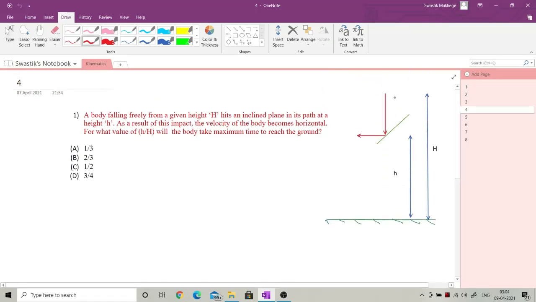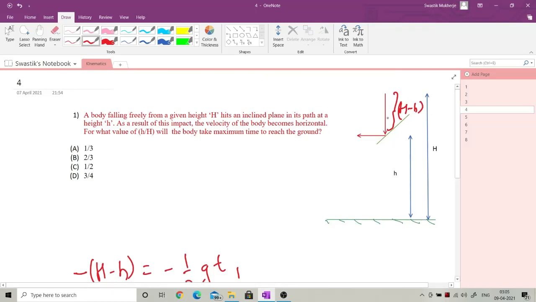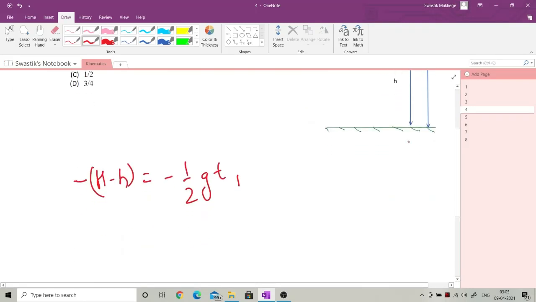So first of all, this is H minus h, and the body is at rest. So let's apply our standard kinematic equation first. Let's call the time it takes to reach this platform T1. This implies T1 equals root over 2 times H minus h by g.